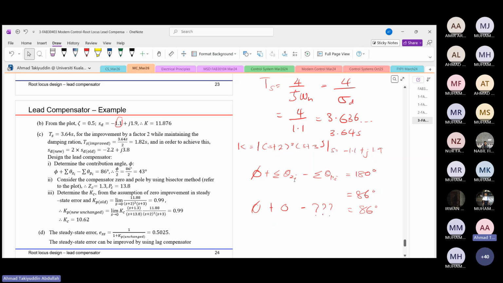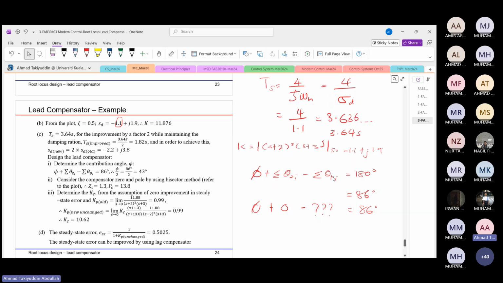This theta zi is the zeros angle. There will be no zero in our system up to now. The original system has no zero. Then we have the poles in our system, because we need to find the summation of poles angle.